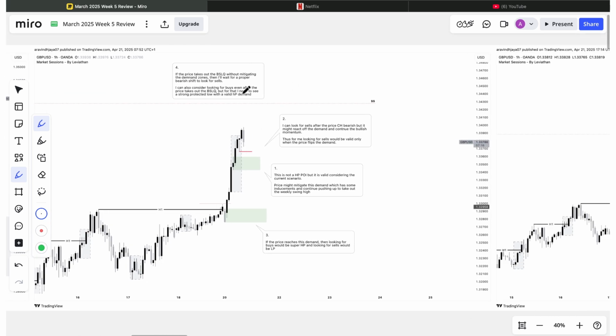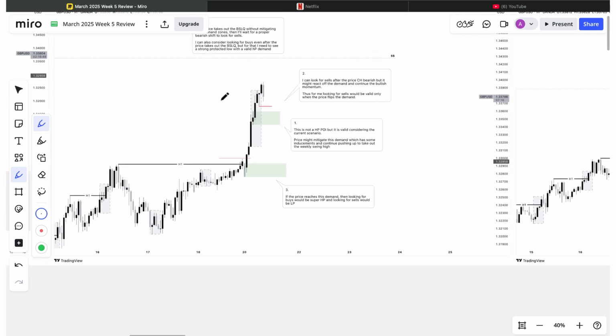From the H1 perspective, I'm not expecting a deep swing pullback after this. I'm expecting this internal structure to continue till the price takes out the buy side liquidity, and then I can expect some kind of bearish reaction. So that's the expectation.